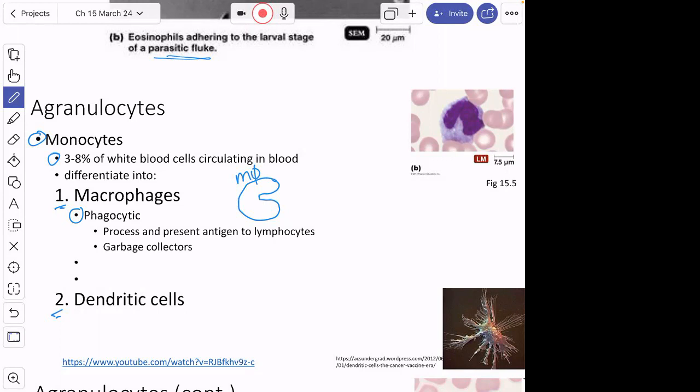Maybe. So if a macrophage is ingesting, say, a bacterial cell, it extends pseudopods and endocytoses that bacteria into a membrane-bound vesicle. That vesicle fuses with lysosomes, which brings about, hopefully, the death of that bacterial cell.